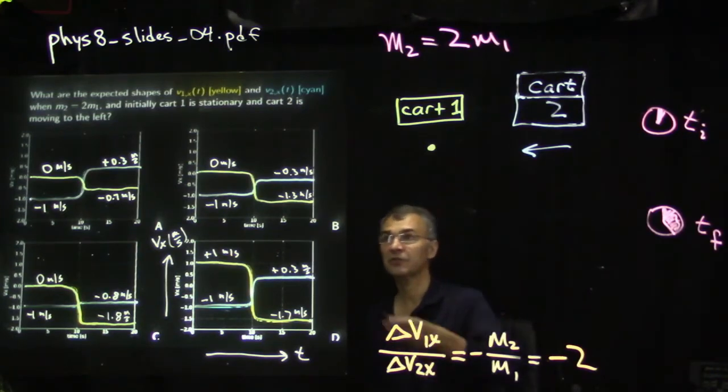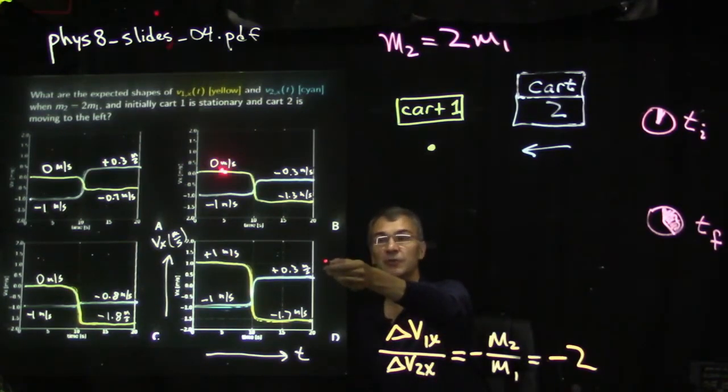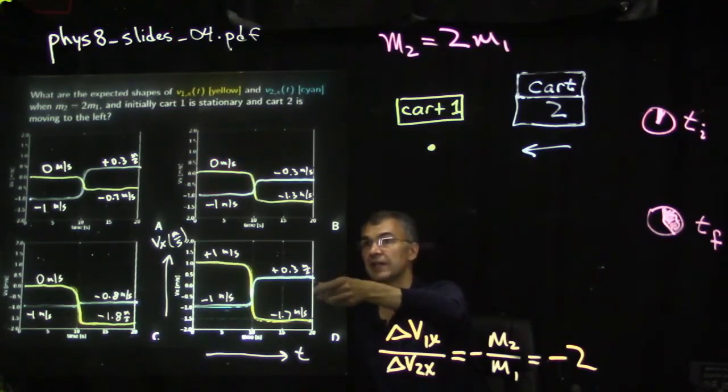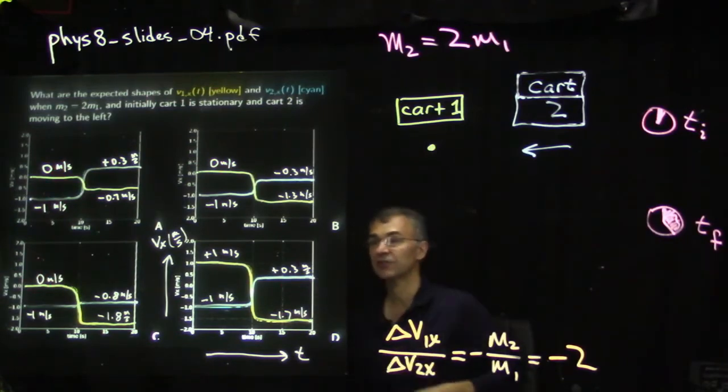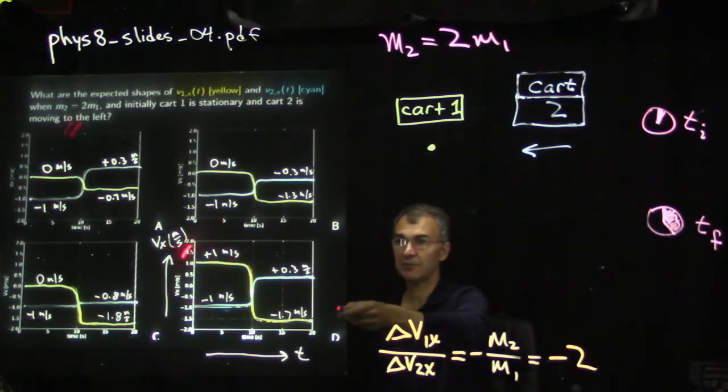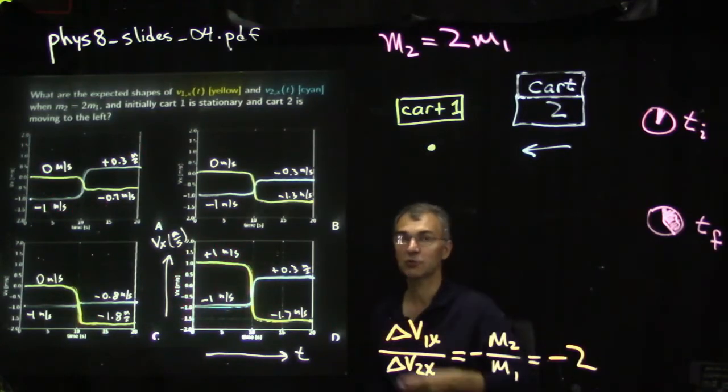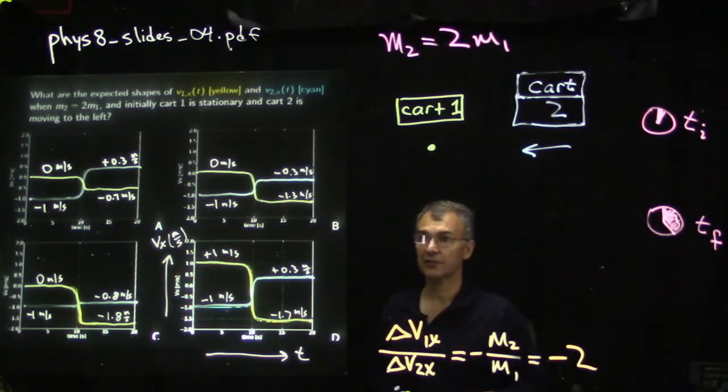Cart 1 should be stationary. Cart 2 should be moving to the left. So I think B matches those conditions, and A matches, and C matches. D does not, because D shows cart 1 moving to the right, cart 2 moving to the left. Okay, so it seems like it's A, B, or C.